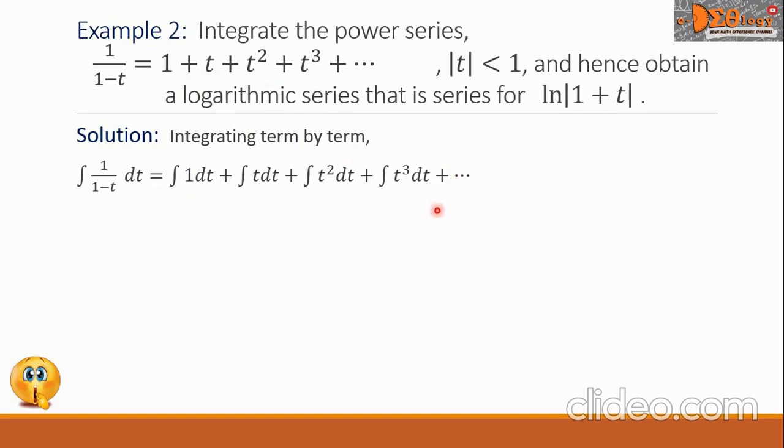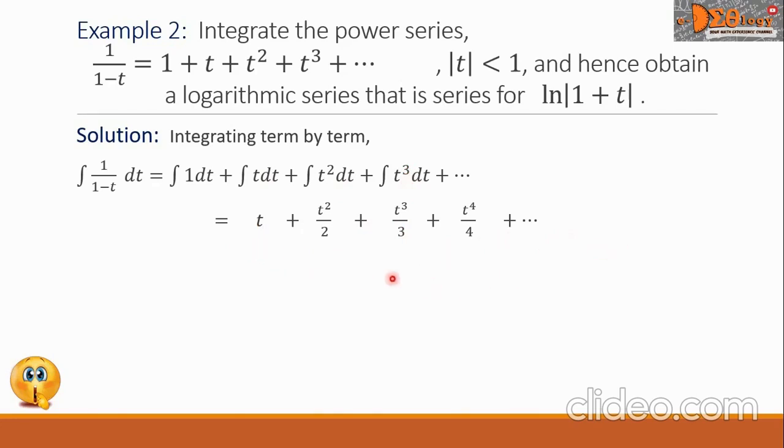Simplifying each of the terms, we have now t plus t squared over 2 plus t cubed over 3 plus t to the power 4 over 4 plus, and so on.